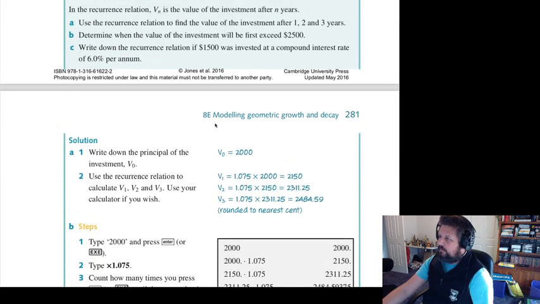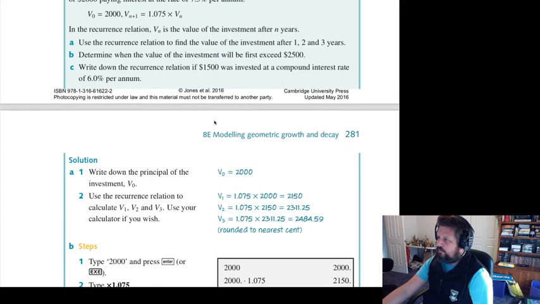So V1 is going to be equal to 1.075 multiplied by the one before that, which was V0, which is 2,000. So we get $2,150 at the start. To calculate the second year, we're going to be calculating V2.